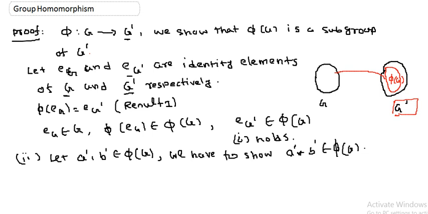Now what we know? So let me write that down. Now A dash belongs to phi of G, which means, let me again write, what is phi of G?